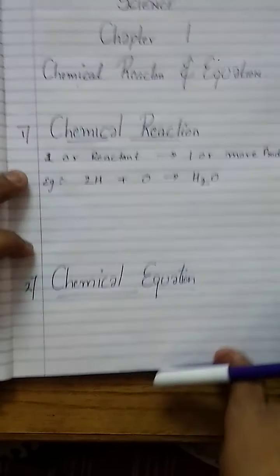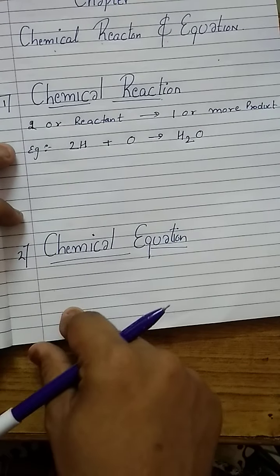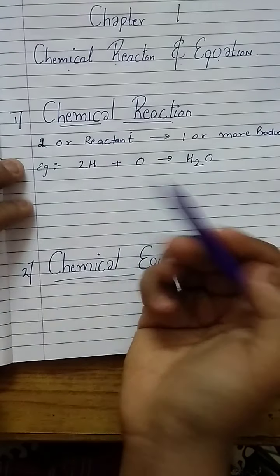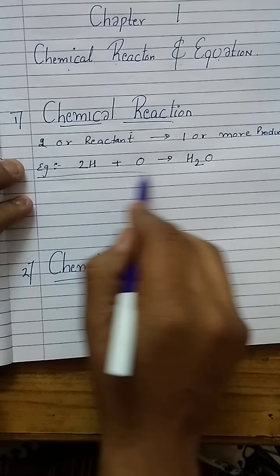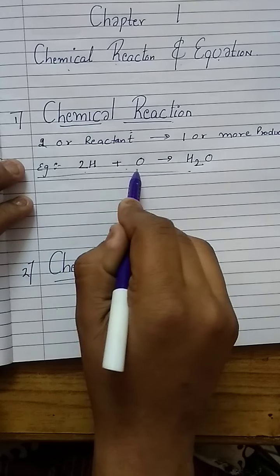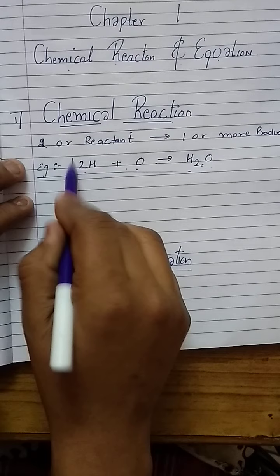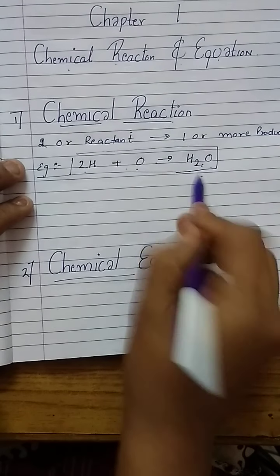So the next topic is, what is a chemical equation? When a chemical reaction is simply noted in a symbolic form, that is 2H plus O gives H2O, this equation is called a chemical equation.